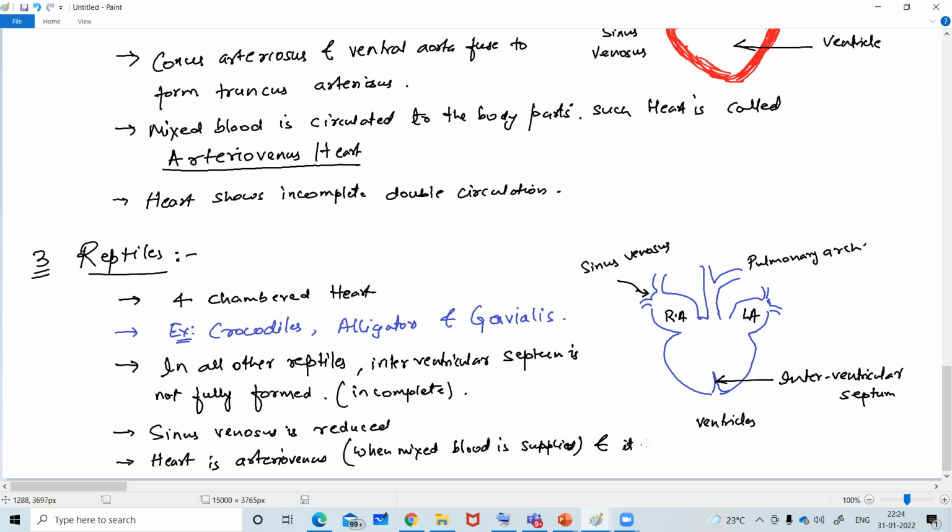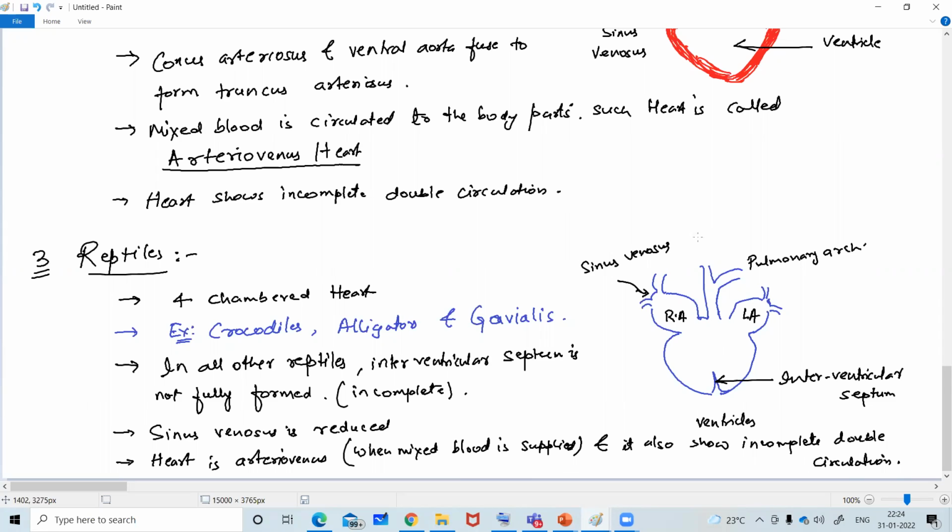And it also shows incomplete double circulation. Because if it were complete, then you would find that in the two different body parts, blood is flowing separately. But there is no such thing here.